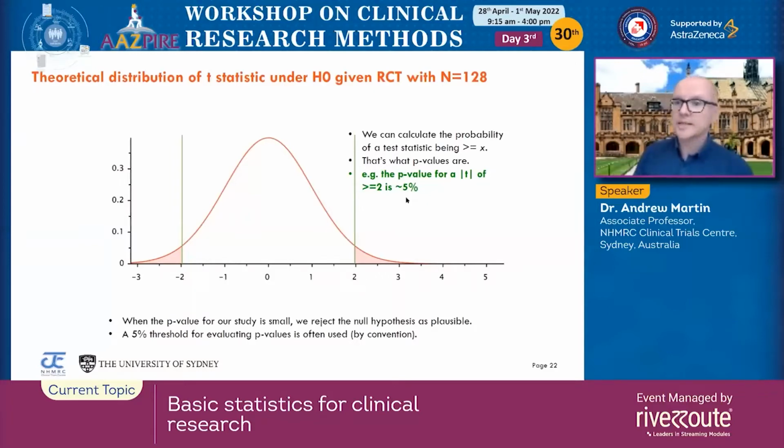Okay, so now we're in the heart of hypothesis testing territory. What we do is we set a threshold a priori for evaluating the extremeness of a test statistic. And that particular threshold, if it's surpassed, we conclude that the result is not very consistent with the null hypothesis.